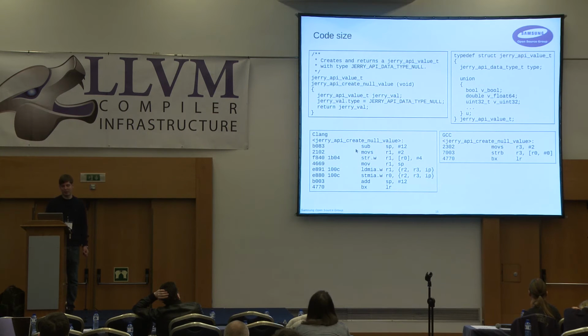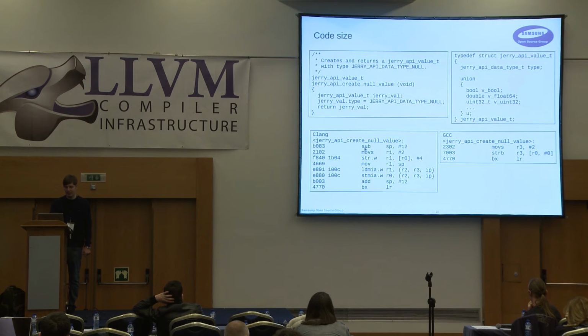On the Clang side, however, things look a little bit different. We can also recognize the move here and then the write, but then we can already see one difference: this is actually a 32-bit store. So clearly GCC is a bit smarter about using the smallest possible data type, and if constants are lying around in the data section, that already helps to reduce the size of the binary.